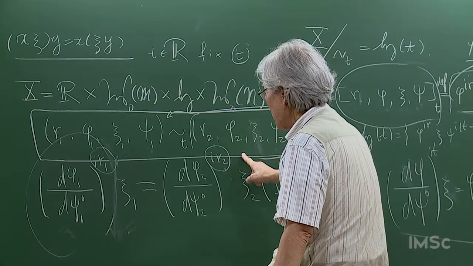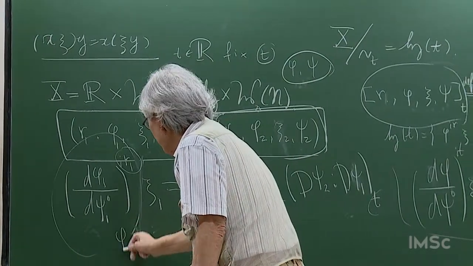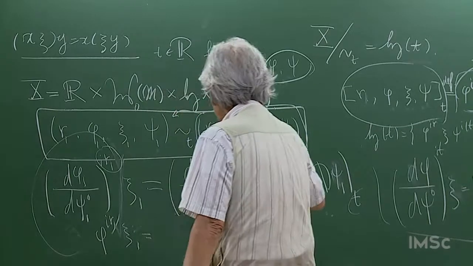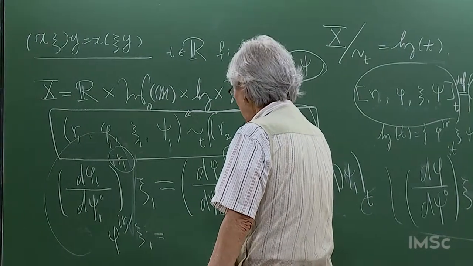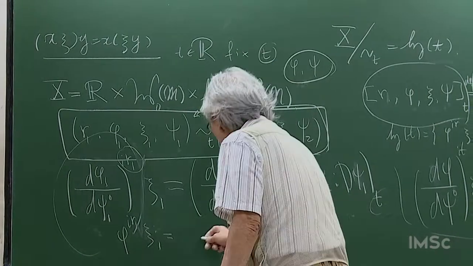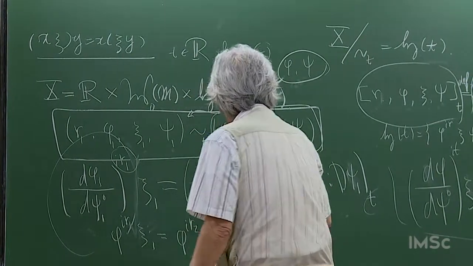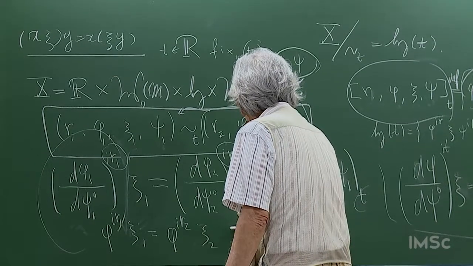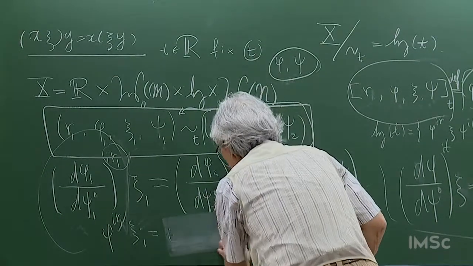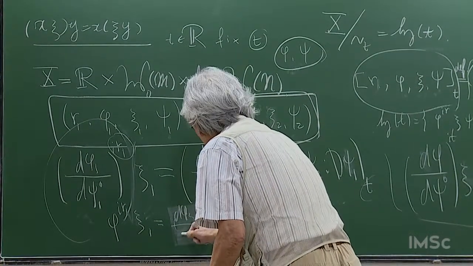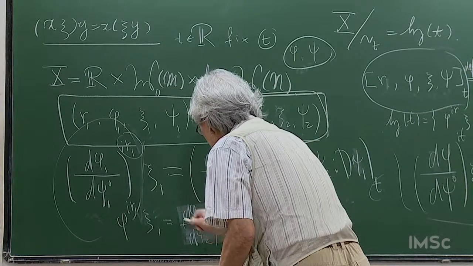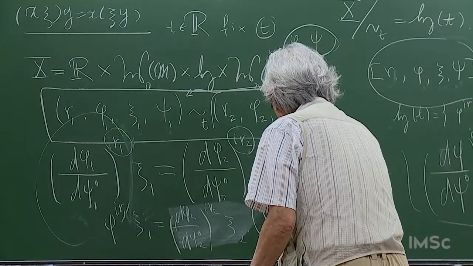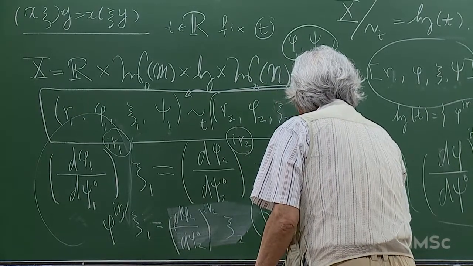You can write this one: phi R1 xi 1 equal to phi to the power R2 xi 2, and you have here d phi 2 d psi 2 circle to the power R2 and psi 2, d phi 2 d phi 1 sub t.